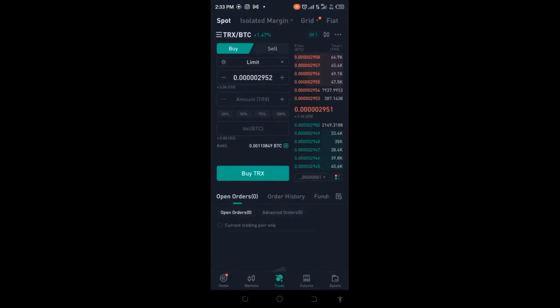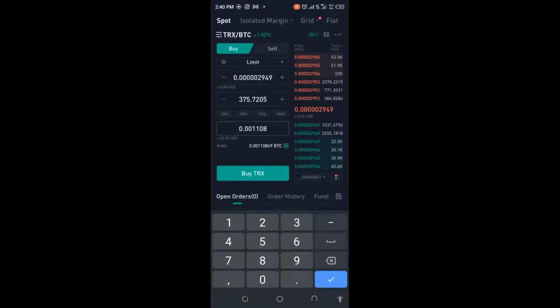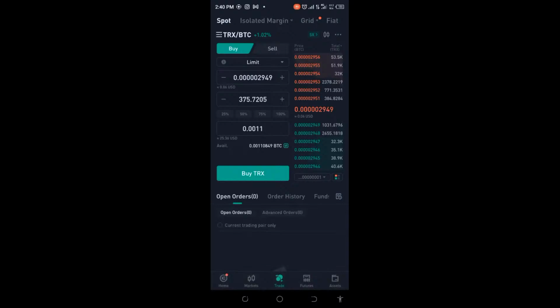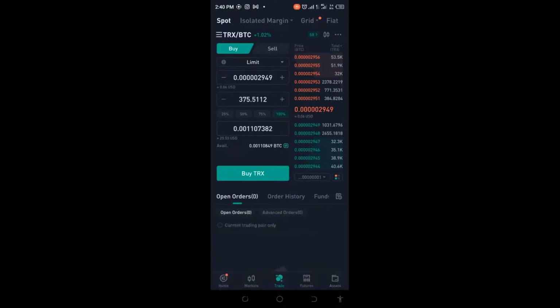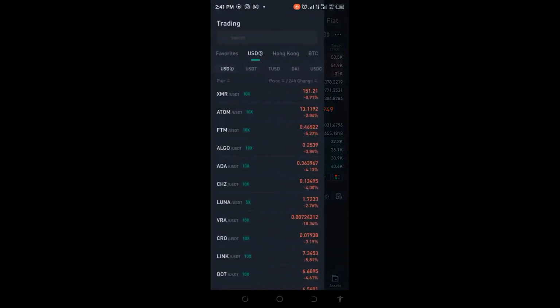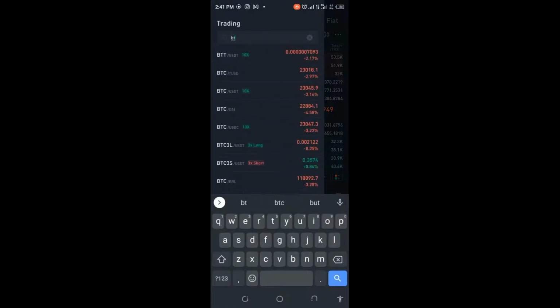So this is what we have right now. As you can see, we need to change this to what we can actually use and make this profitable for us. Let me see if I put 100% here, what's that going to be? 375.51. If I change this to BTC USDT, what would that give me?